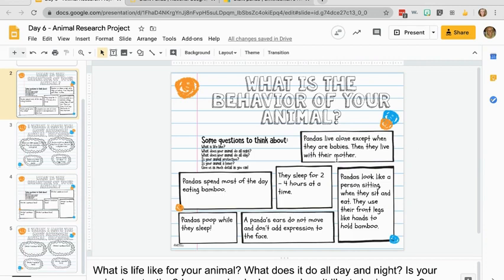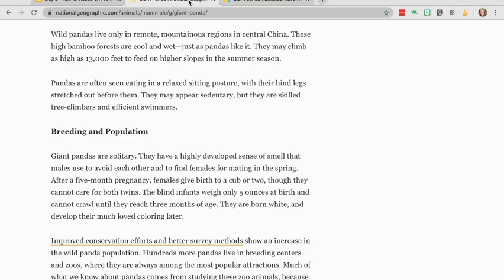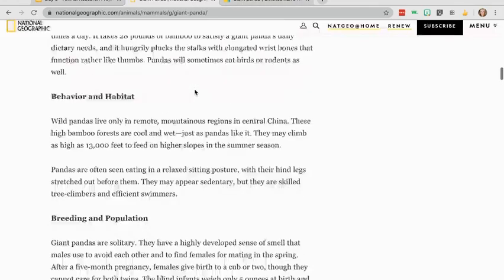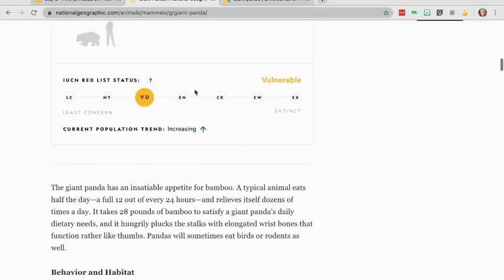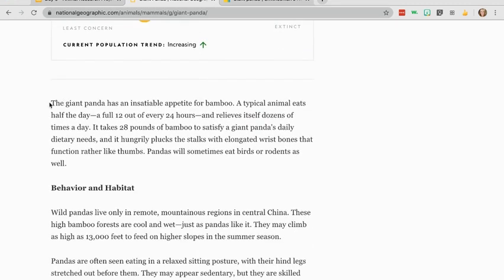So at this point, I have 4 facts. I need 2 more things to plug in. So let's see. What do they do during the day? Oh, look. The giant panda has an insatiable appetite for bamboo. That means that they are really hungry for bamboo all the time.